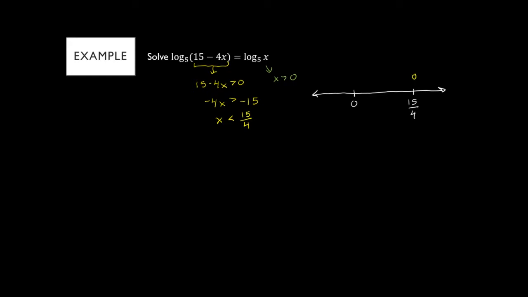We know that x has to be less than 15/4, so that's going to the left, and x has to be greater than 0, so that's going to the right. Our answer is where the overlap is, so our answer must be between 0 and 15/4. We just have to keep in mind that that's where we expect to find our answer.